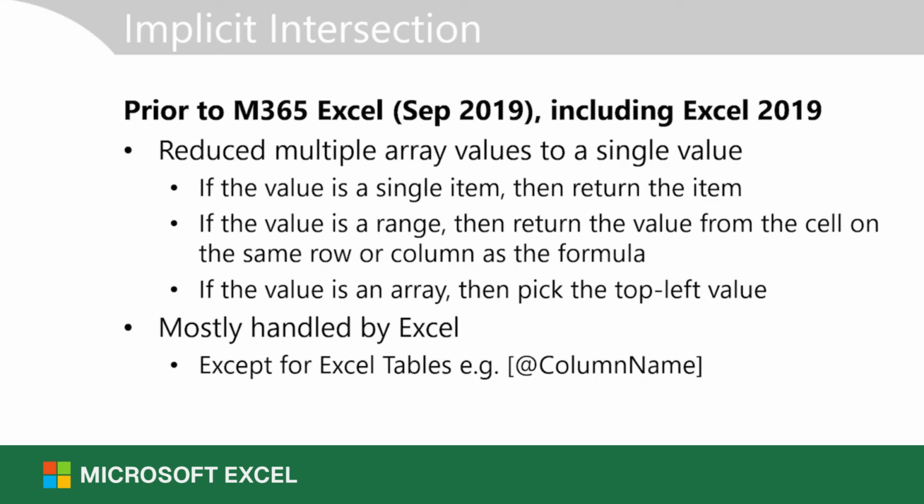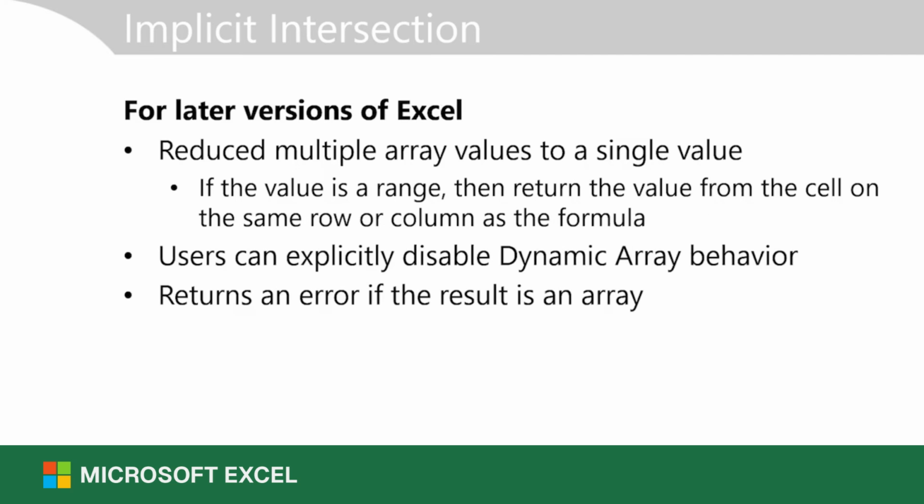In these versions of Excel, the implicit intersection logic was executed behind the scenes, as a single cell could only hold one value. The exception here would be Excel tables, which allowed users to reference cells in another column of the same row using the implicit intersection operator, which is the @ symbol.